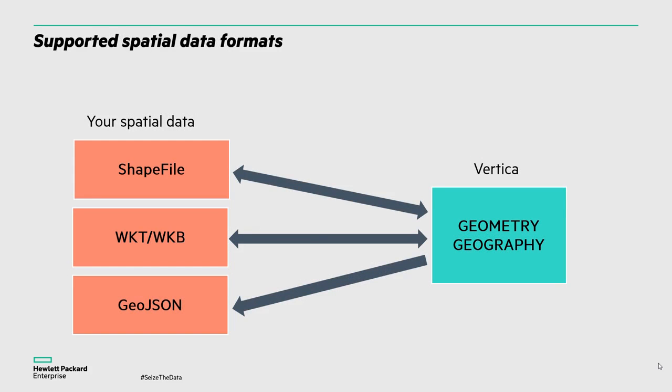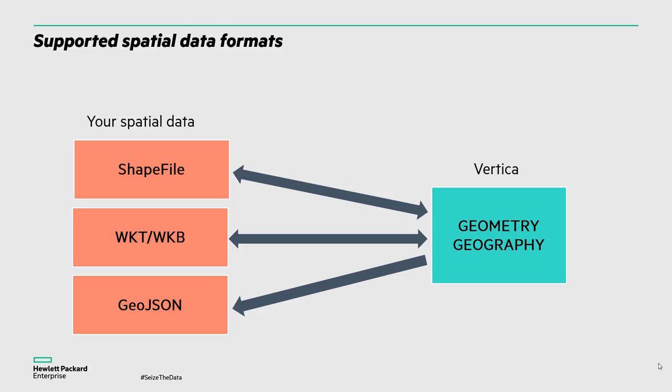The geometry and geography data types in Vertica are compatible with the shapefile format as well as the WKT, well-known text data format, and the WKB, well-known binary data format. And you can also export data from Vertica to the GeoJSON data format.